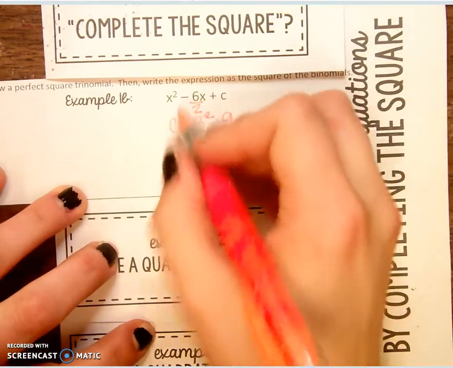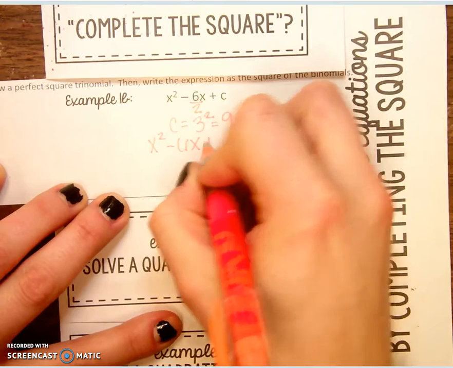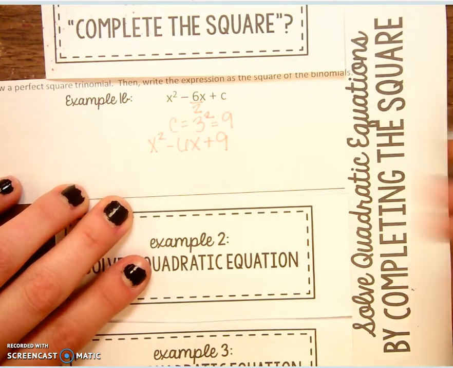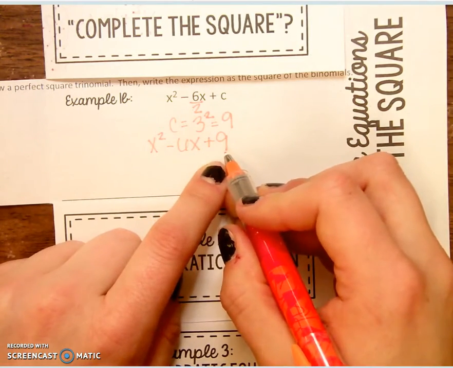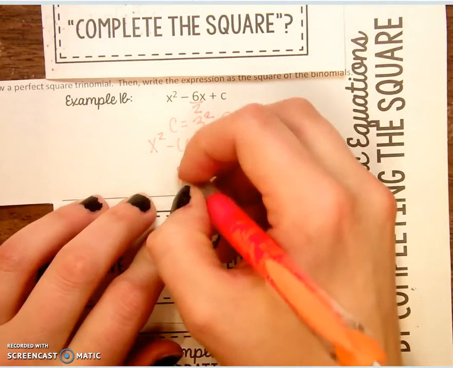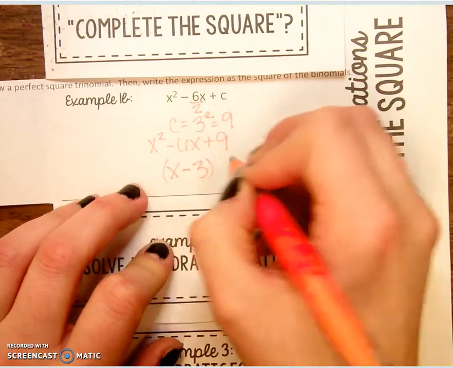So then rewrite it. X squared minus 6x plus 9. Well, I need a number, and we know it's a perfect square trinomial. Multiply to 9, add to negative 6. It'll just be x, not plus, but minus 3 squared.